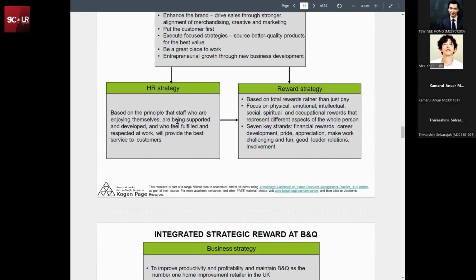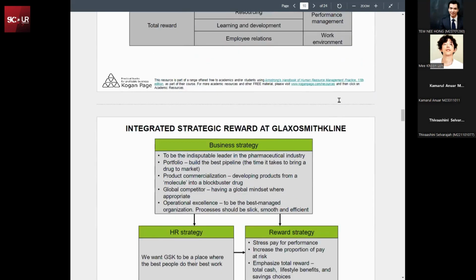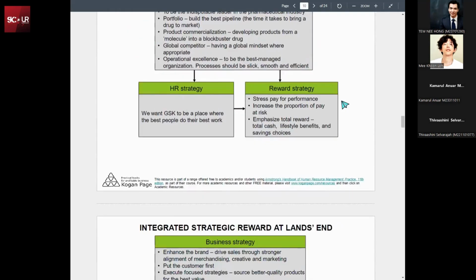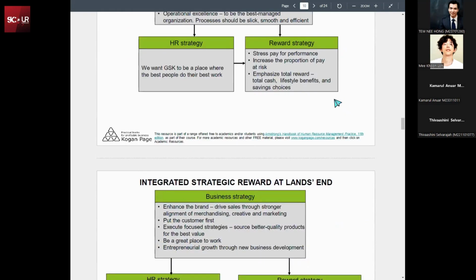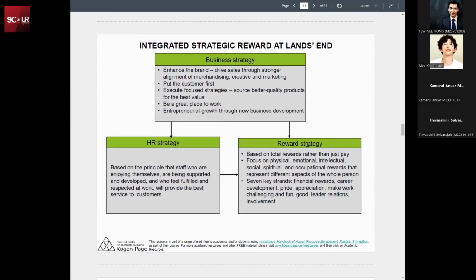And then based on the principle that staff who enjoy themselves, are supportive, and feel fulfilled, this is more towards what I could call the work environment. Most of the biggest companies focus on employee leadership. So they focus on best reward, total reward, not just pay.